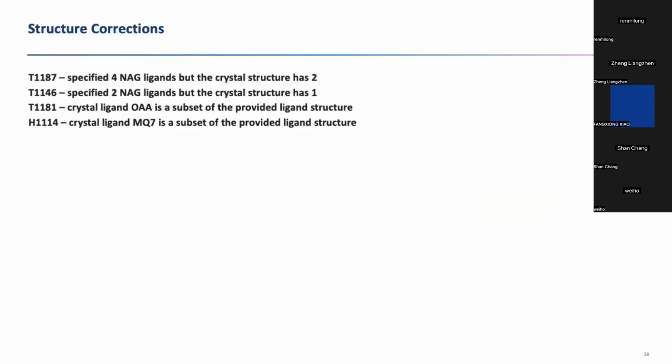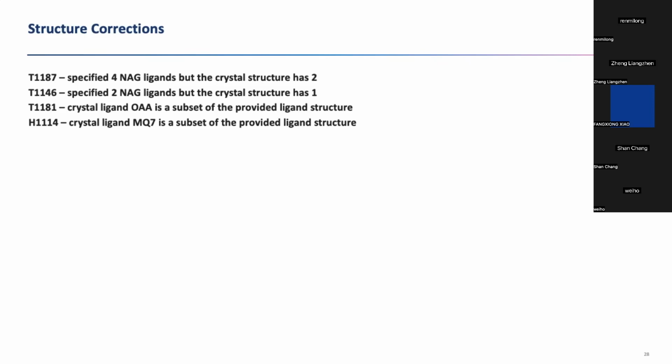This is the other thing in dealing with a world where the experimental data comes in after people have made their predictions. Sometimes the number of ligands that the experimentalist originally told us were in there turned out to not be correct. So there were two cases where in one case they said there were 4 NAG, and it turned out the crystal structure had 2.